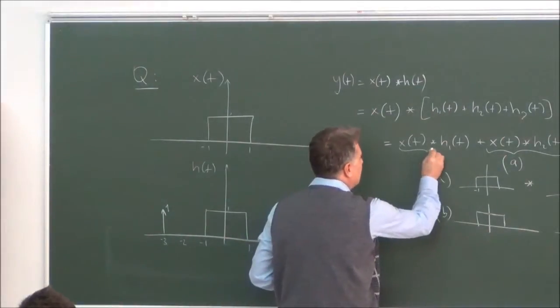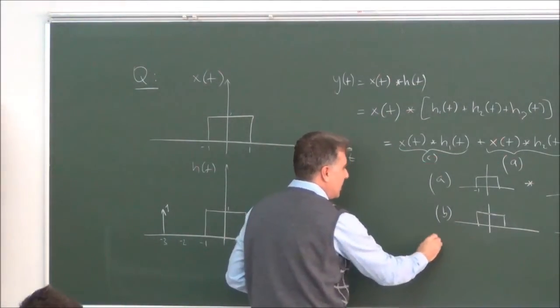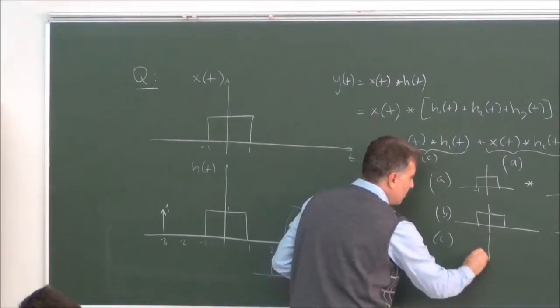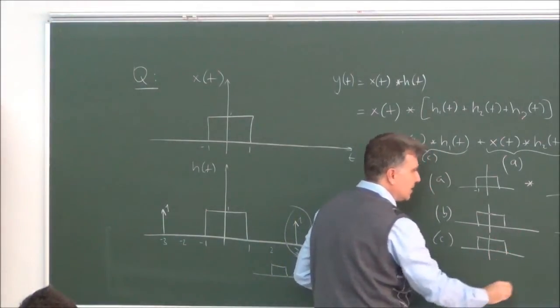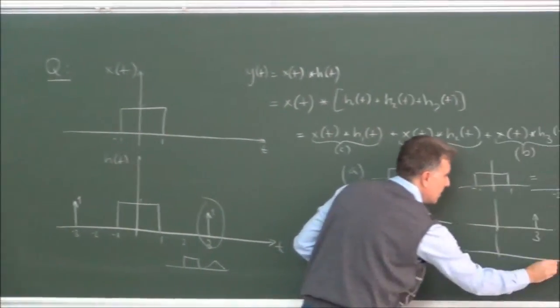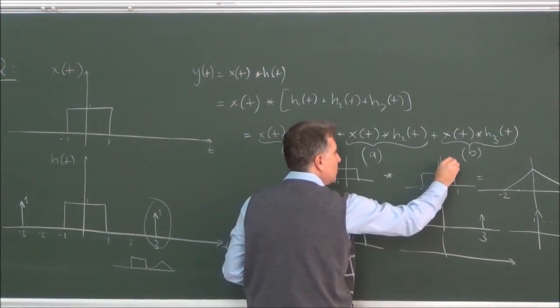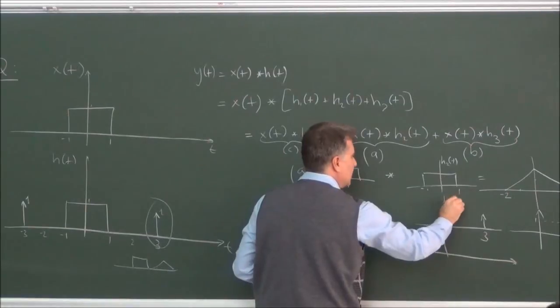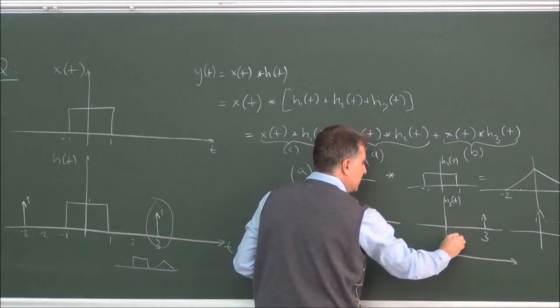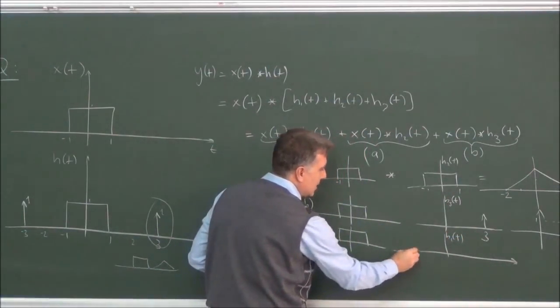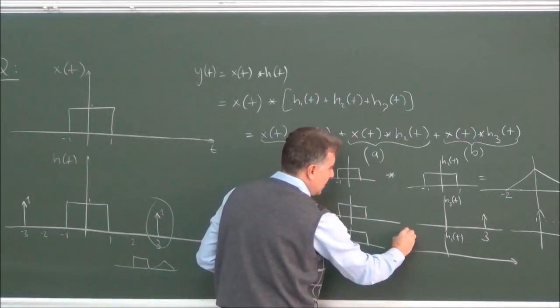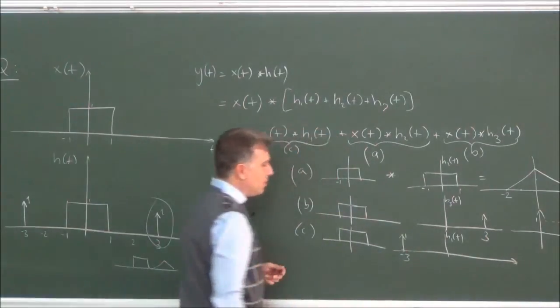So this portion, if you call it C, is the convolution of the same rectangle, this time with this one, H2 of t. This is H3 of t, this is H1 of t that I'm drawing, which is at -3, the impulse of 1.